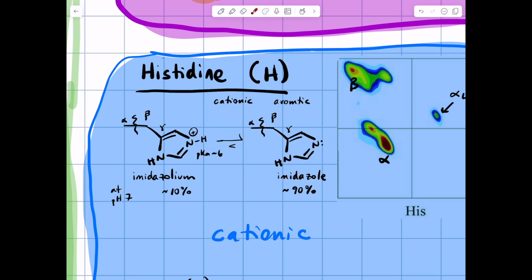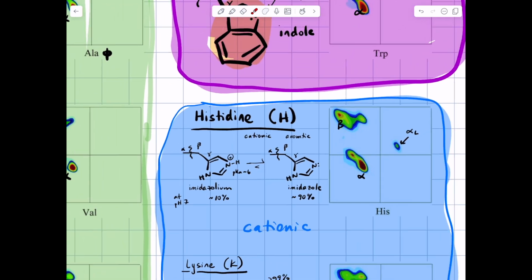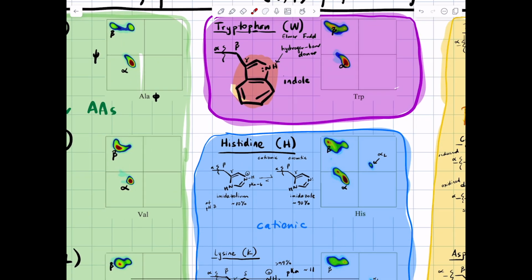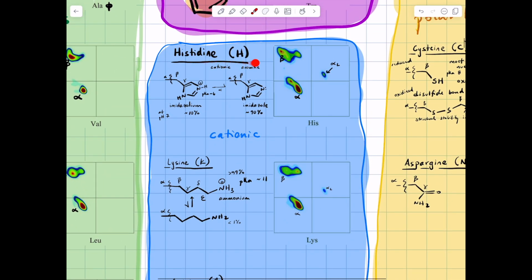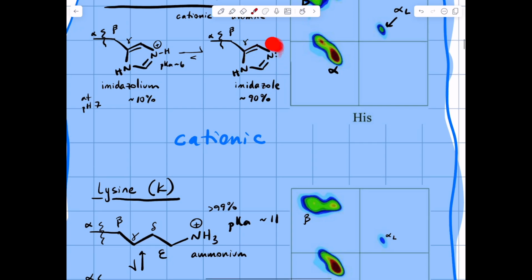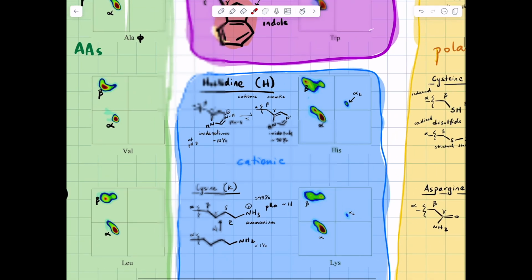At pH 7, it should be about 90% neutral, about 10% positively charged. So it's good to put histidine in the category of polar amino acids because it is, even though it's aromatic. So that's why I've put it there. Most of the time at pH 7, histidine you would call neutral, but there are some times where it can be positively charged in enzyme active sites and it's useful.